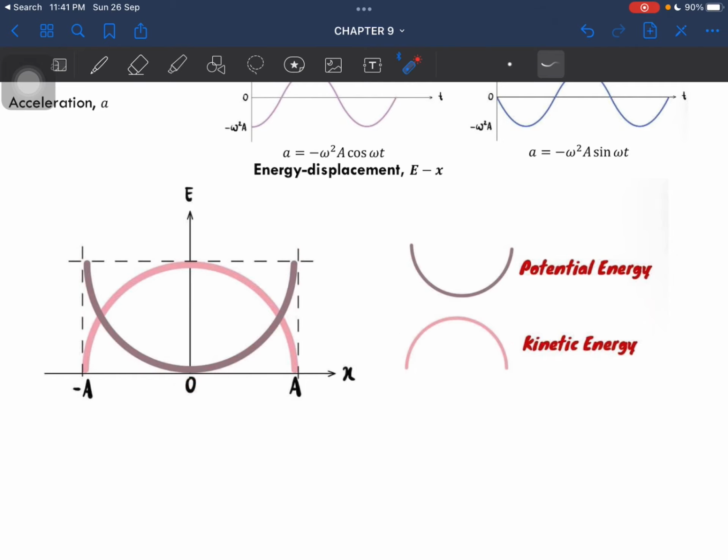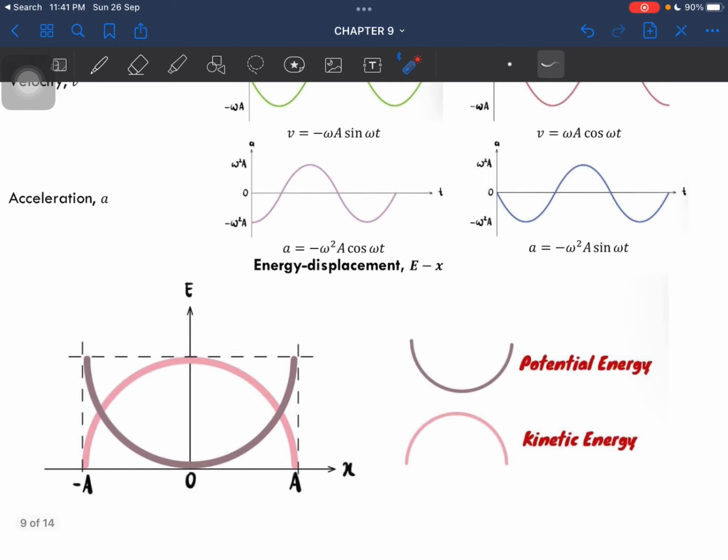Okay, so you can remember just one of them, which is the potential energy. So just the opposite is the kinetic energy. Okay, so make sure you also label the negative and positive amplitude, and at this point here also, where that point is basically the total energy. Okay, at this point here.